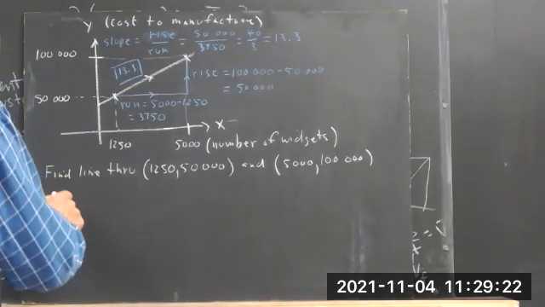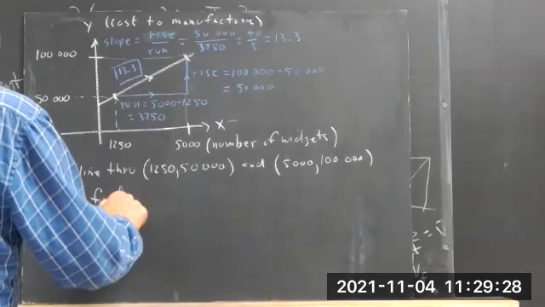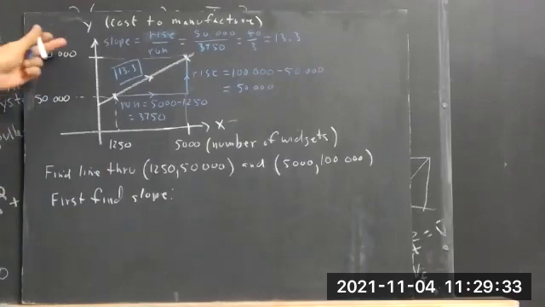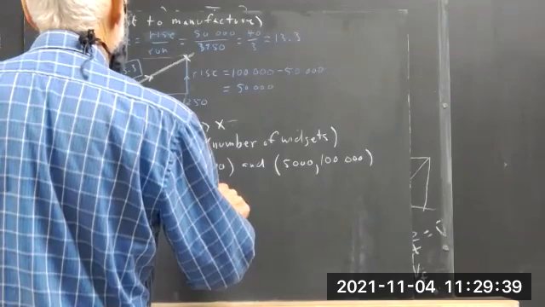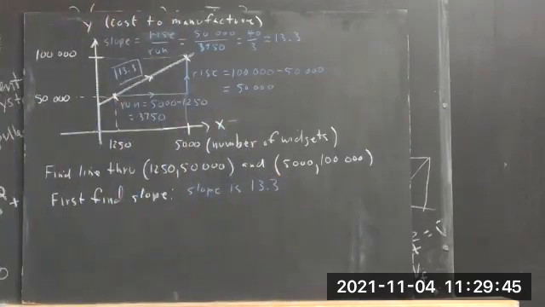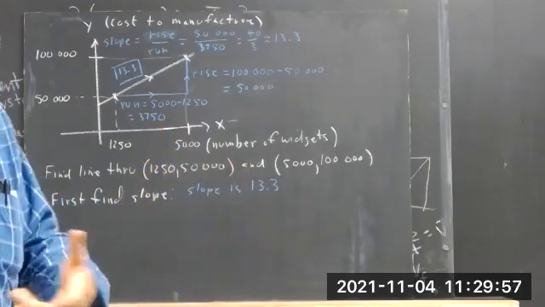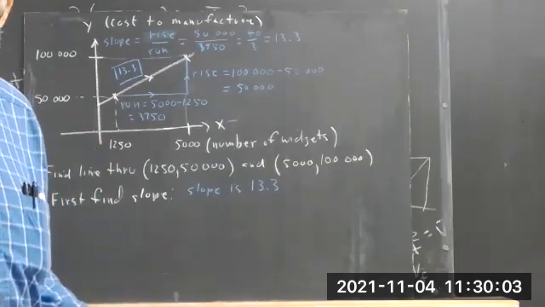So first find the slope. We did that up here. You'll say slope is 13.3. Okay, now what can you do? We have the coordinates of a couple points and a slope. What does it take to get the equation of a straight line? Well, one point and the slope is sufficient to get the equation.